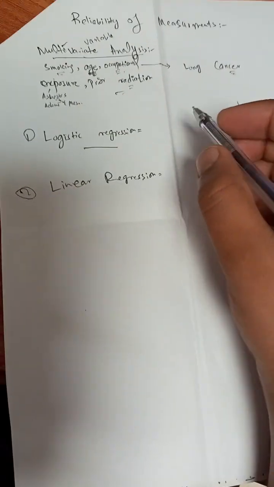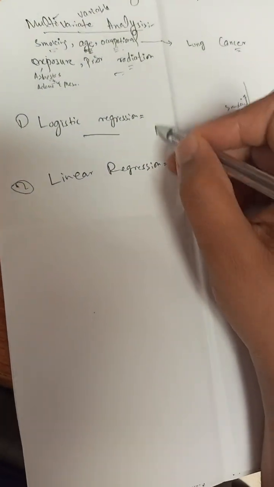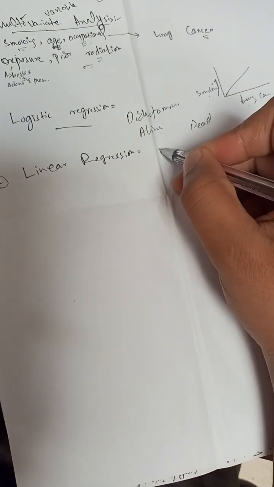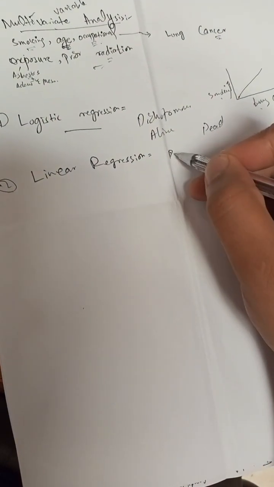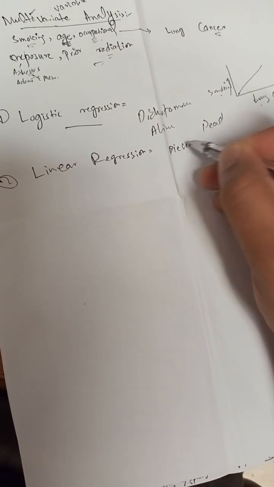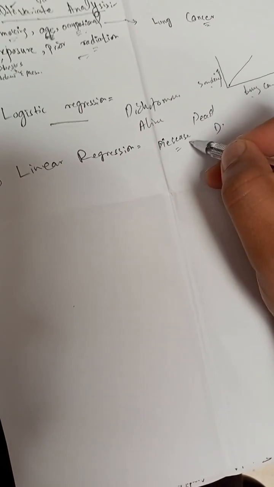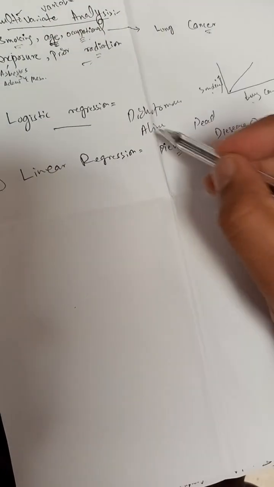In logistic regression the outcomes are dichotomous, like a patient is alive or dead, or a sample having the disease or not having any disease, disease-positive or disease-negative. So these are the two dichotomous variables.